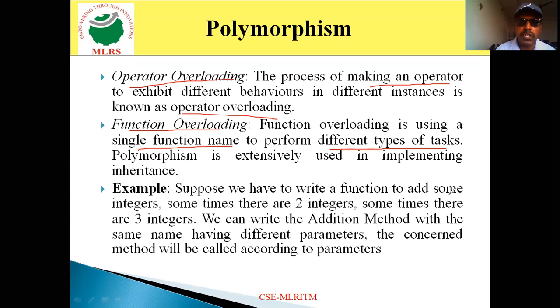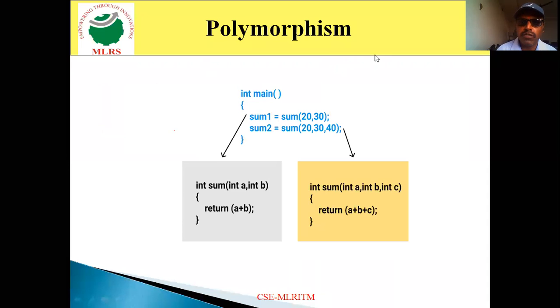Now here we go to specify an example. Here I define a function which is going to add some integers. Sometimes it is going to add 2 integers, sometimes it is going to add 3 integers. The add function performs the addition, but sometimes it will add 2 integers, and sometimes 3 integers. Now look at this: I am specifying only one function name, sum. The first time, I am passing 2 integers. The next time, I am passing 3 integers.